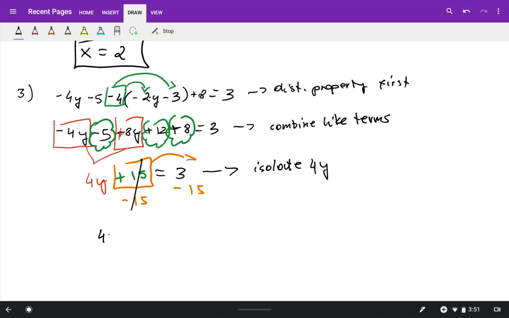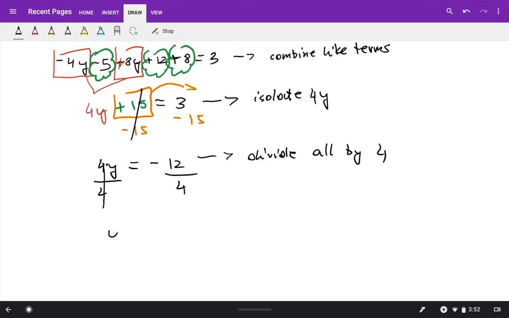So we have 4y equal to 3 minus 15, which is negative 12. And the last step will be to divide all by 4, because we're using the inverse property. The opposite of multiplication is division. That's why we're dividing each side by 4. And that will give us y equals negative 3. So this is the solution.